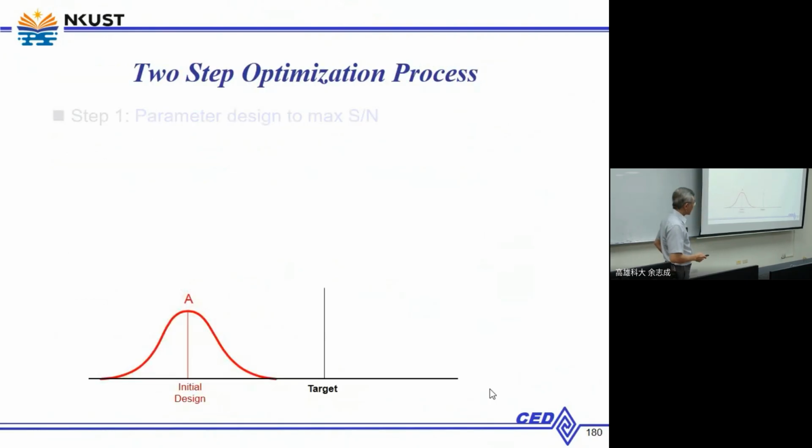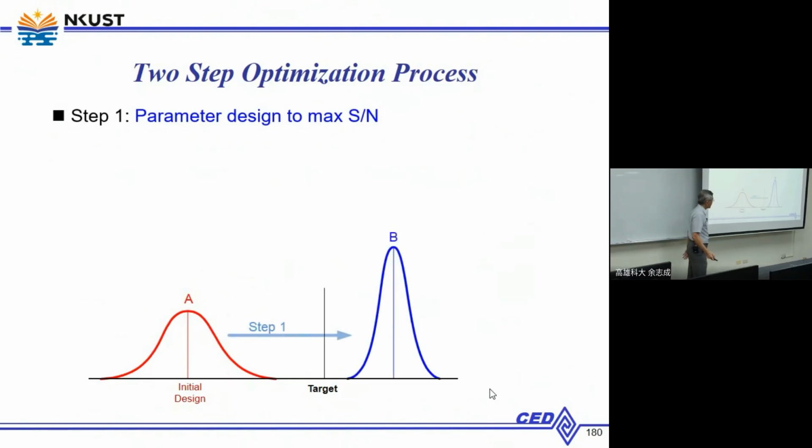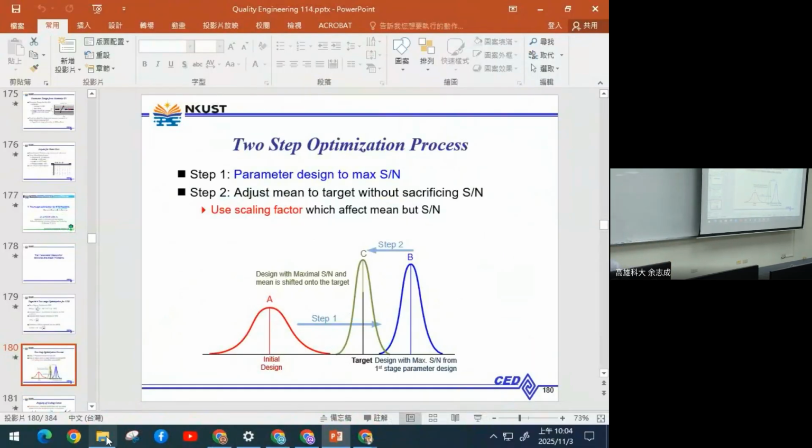So the second stage optimization starts from the initial design right here. After the first stage optimization, we maximize the SN ratio, so this average value will move to a certain value. As I showed you in the last example, the average output of that cantilever beam will not be right at the target. Remember the last example I led you through.